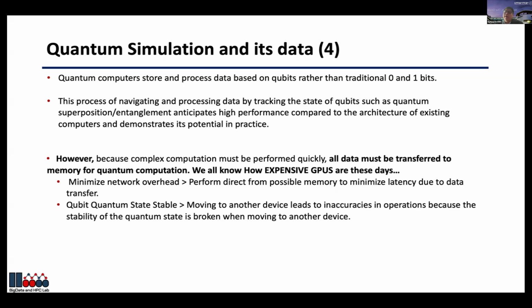And while classical HPC applications were fine because they dealt with relatively small data compared to quantum, they can fit their data into the distributed file system and then stage that data to the host memory and then the GPU.